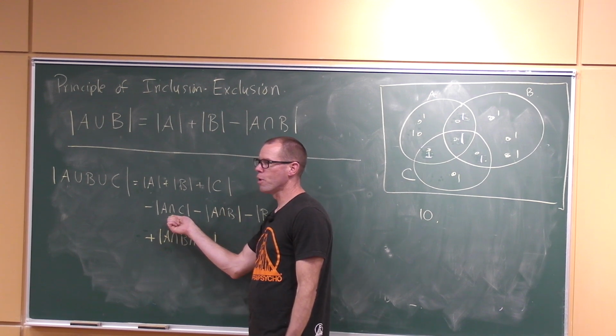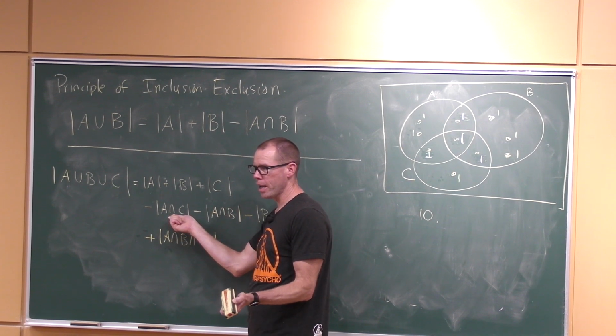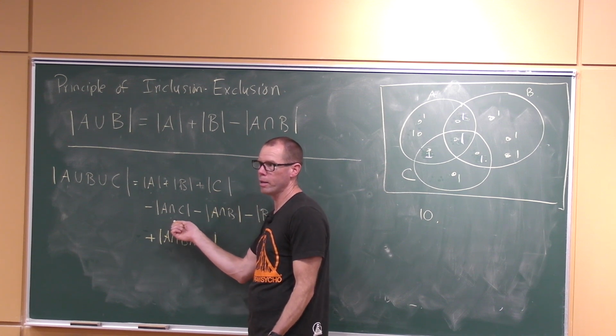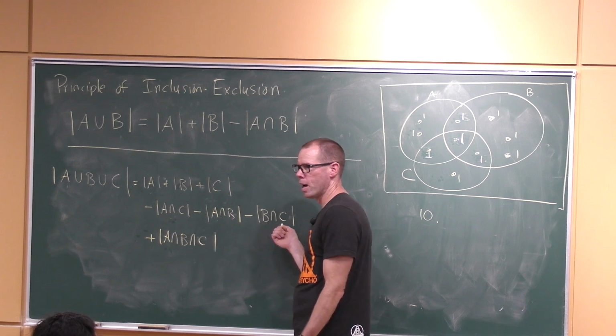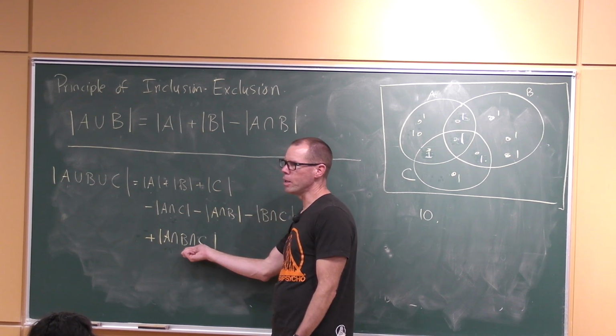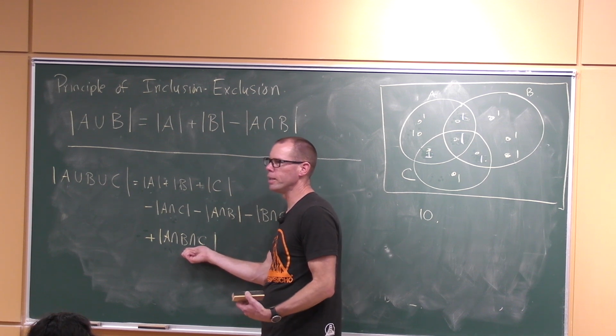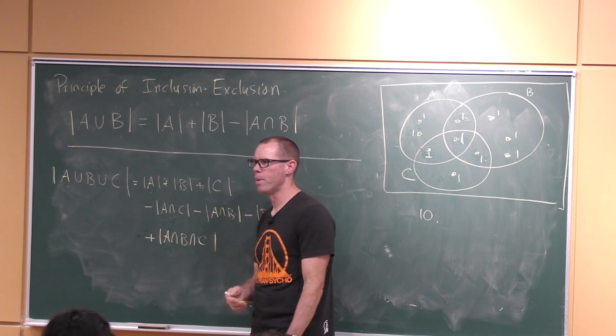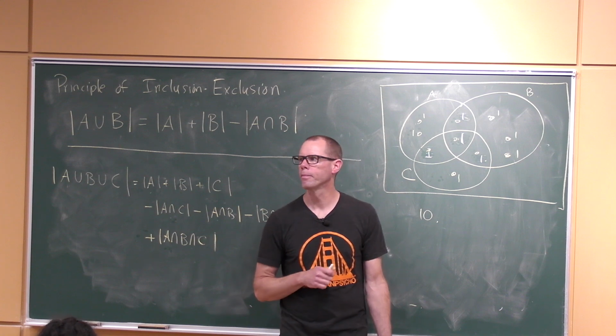Now, I've subtracted it when I subtracted A intersect C, because that stuff is also in A and C. And I've subtracted it again, and I've subtracted it again. Now it's been counted 0 times. So that's the only stuff that's not correctly counted at this point. So we need to add that back in and make sure we count it once.